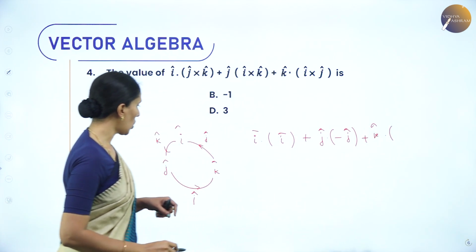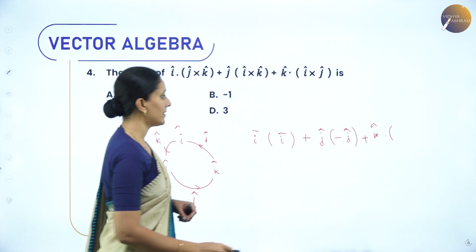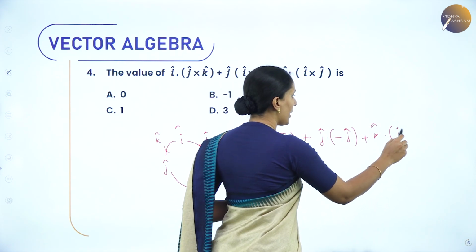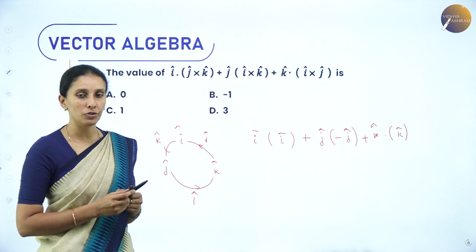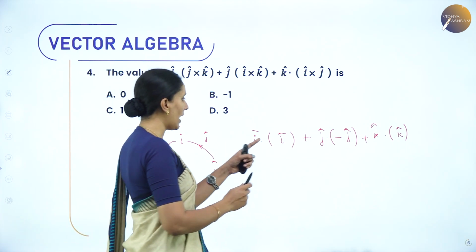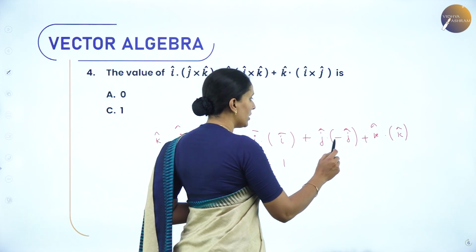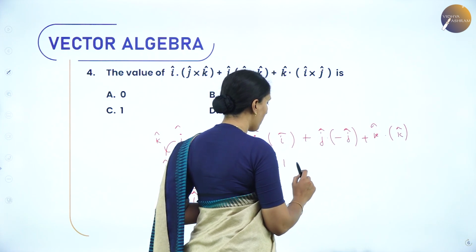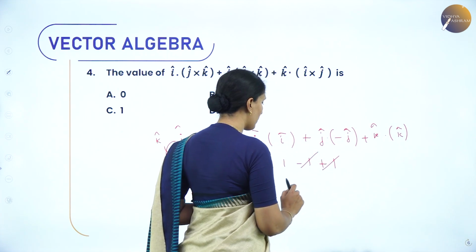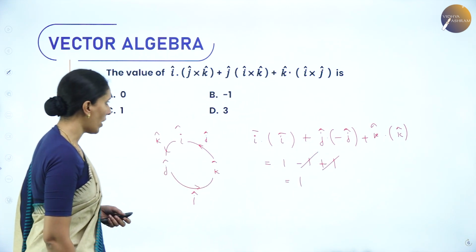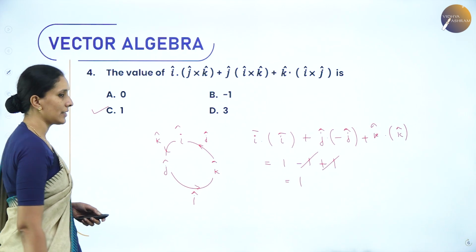Next we have i cross j. So i cross j is k cap. Again in dot product, the dot product of the same unit vector should be equal to 1. So therefore i dot i is 1, j dot j is 1, but since we have minus here it is minus 1, k dot k is 1. So plus 1 minus 1 cancels, the value is 1. So option C is the correct answer.